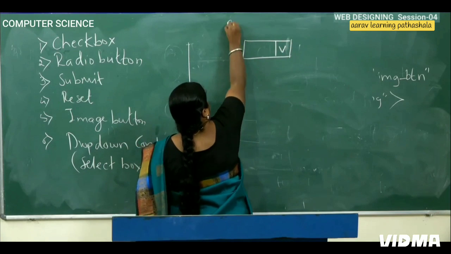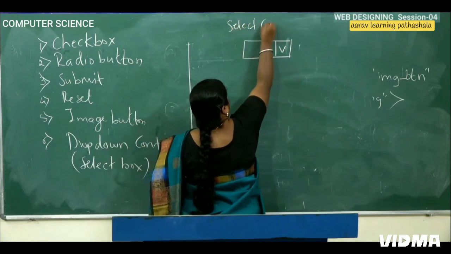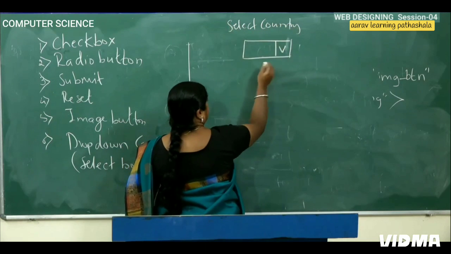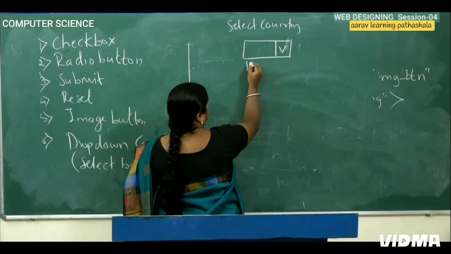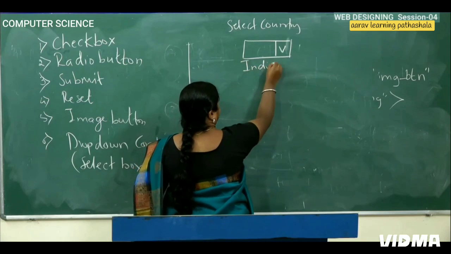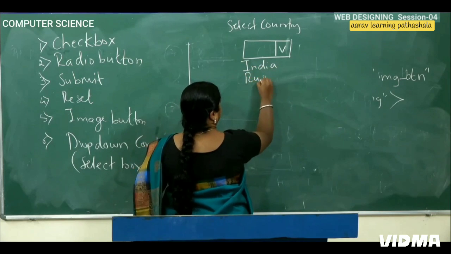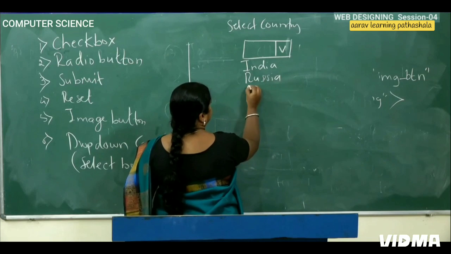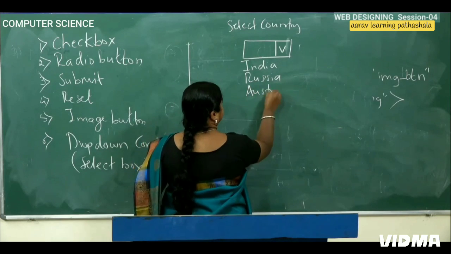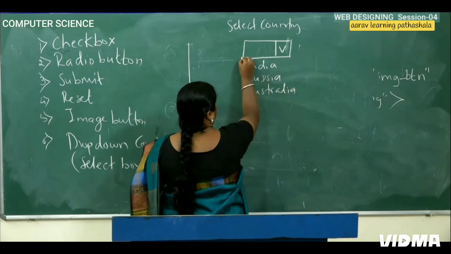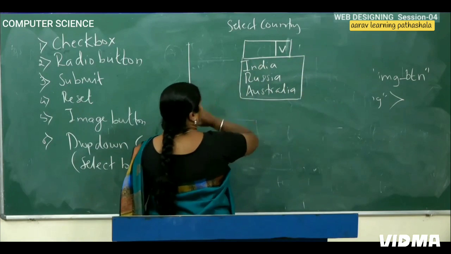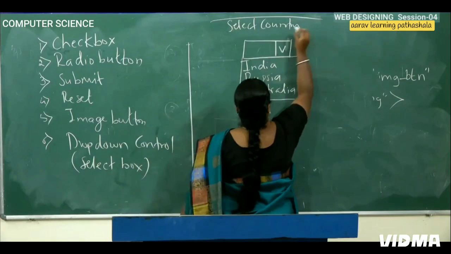Suppose I want the output something like this: select country. When I click here, it should display India, Russia, and so on. Suppose I want this particular output.